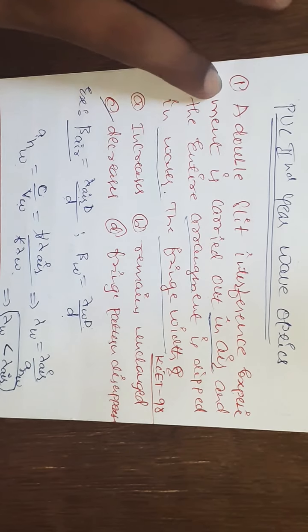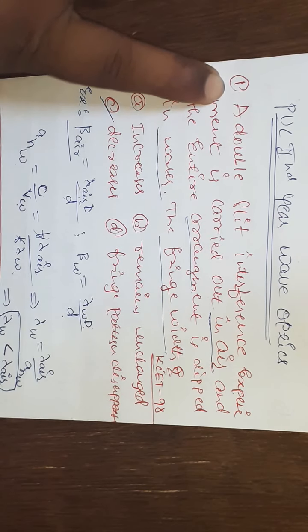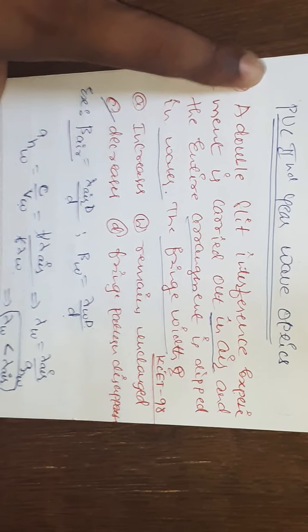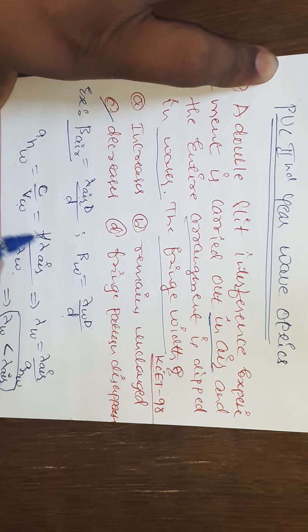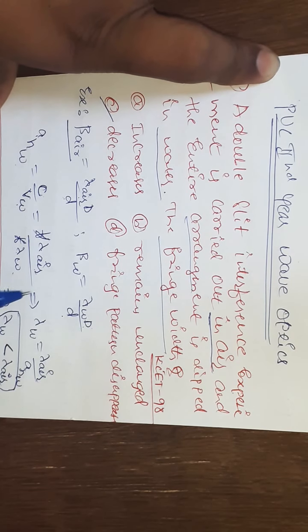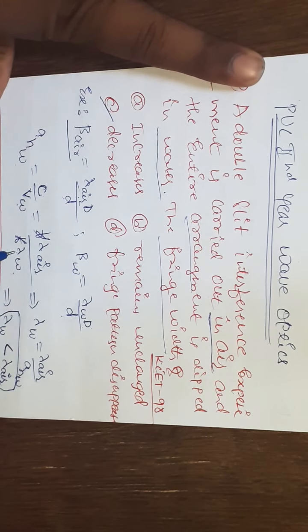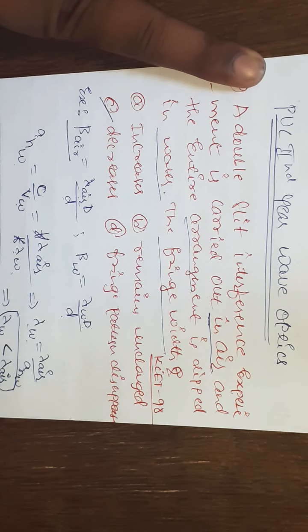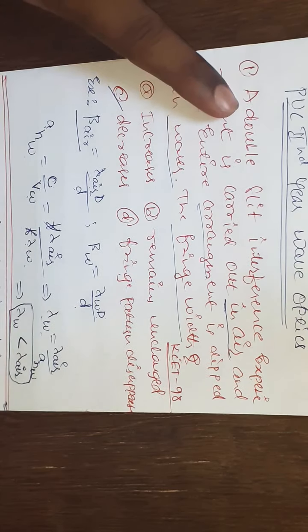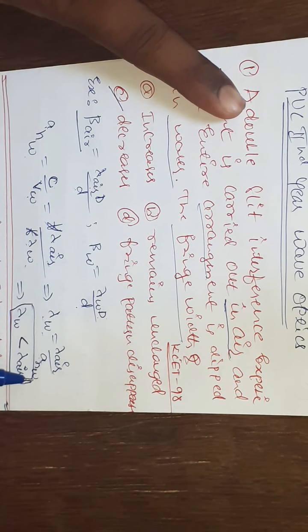Students, frequency does not change in case of air or water, so this f and this f get cancelled, and therefore lambda w, the wavelength in water, is equal to lambda air divided by the refractive index.